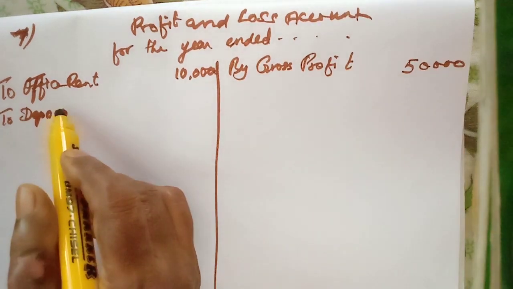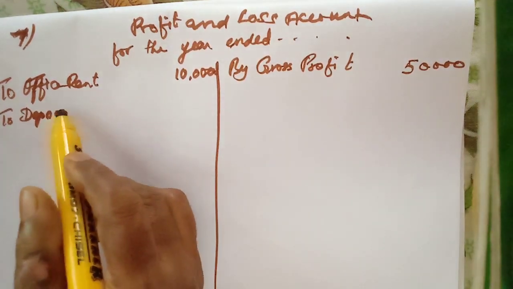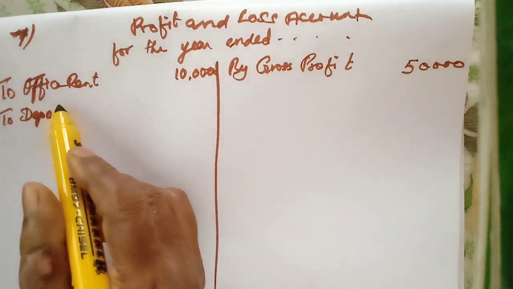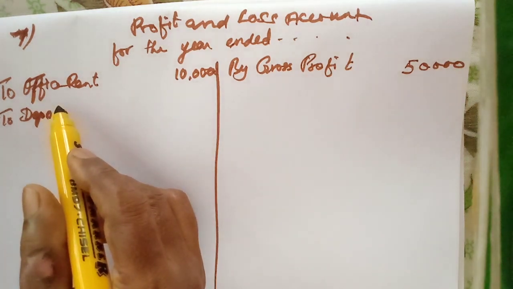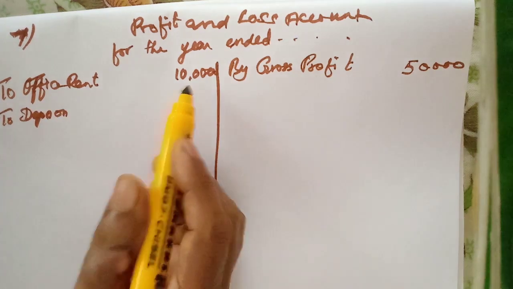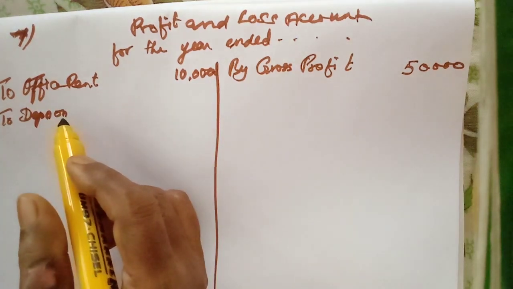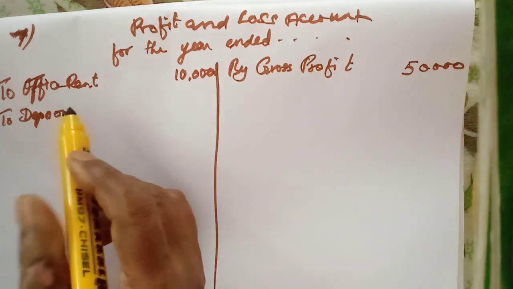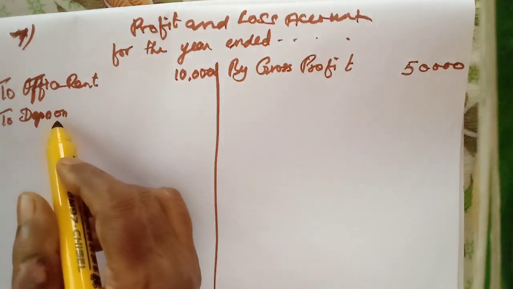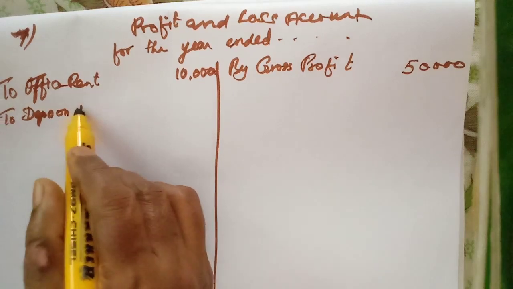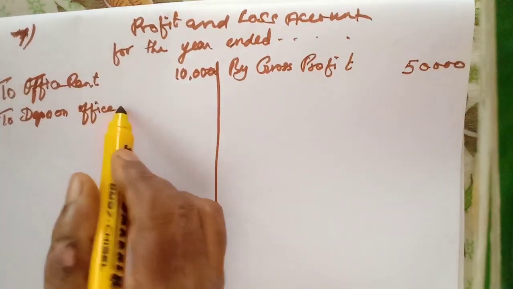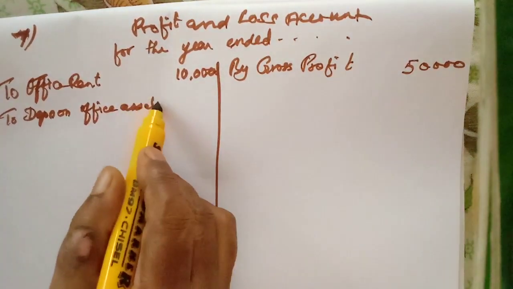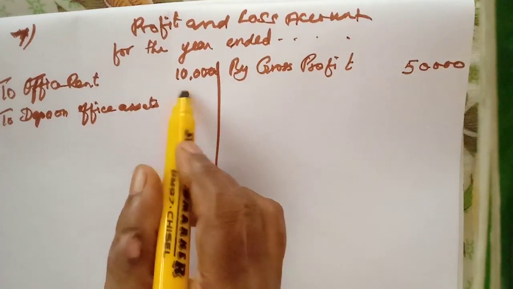So don't go for the order, write from the beginning of the problem whatever expenses are given. You don't need to worry which side it will come, just write it. Two items we have written. The third item, depreciation on fixed assets, will come on the debit side. So depreciation on office assets 8,000.